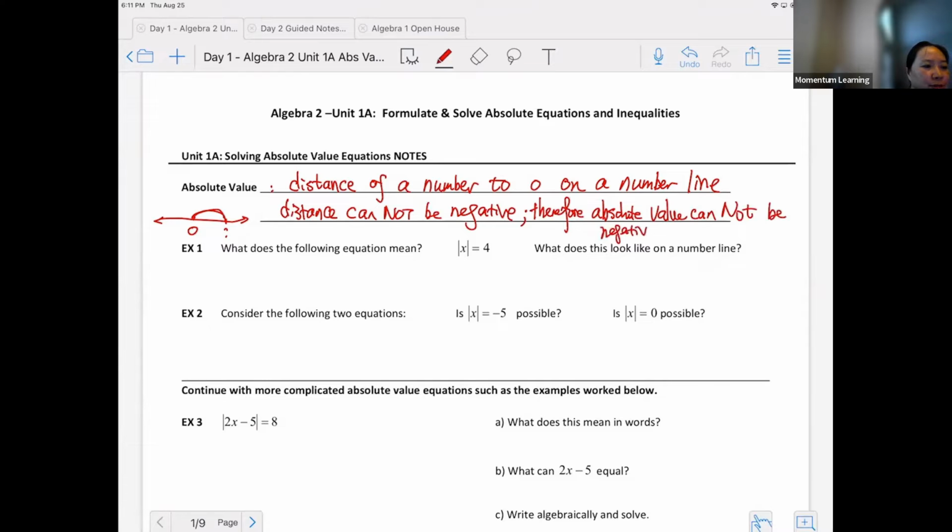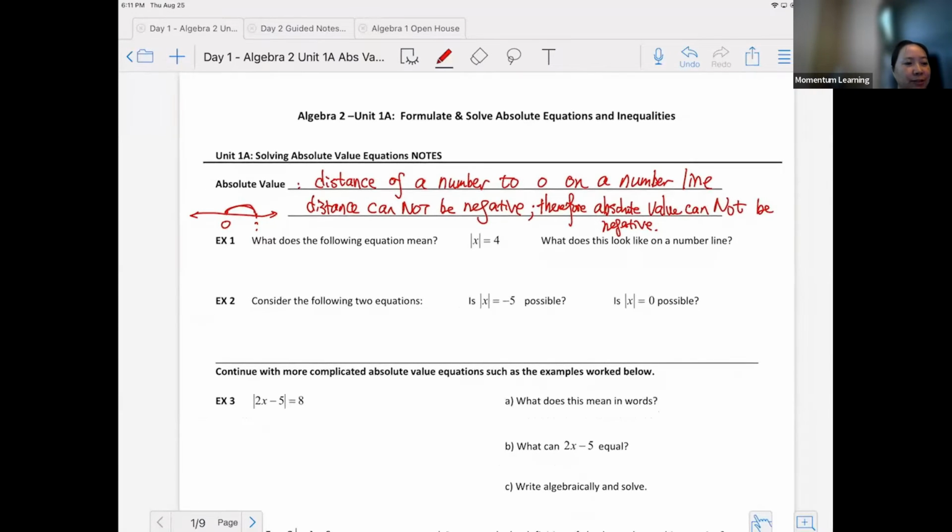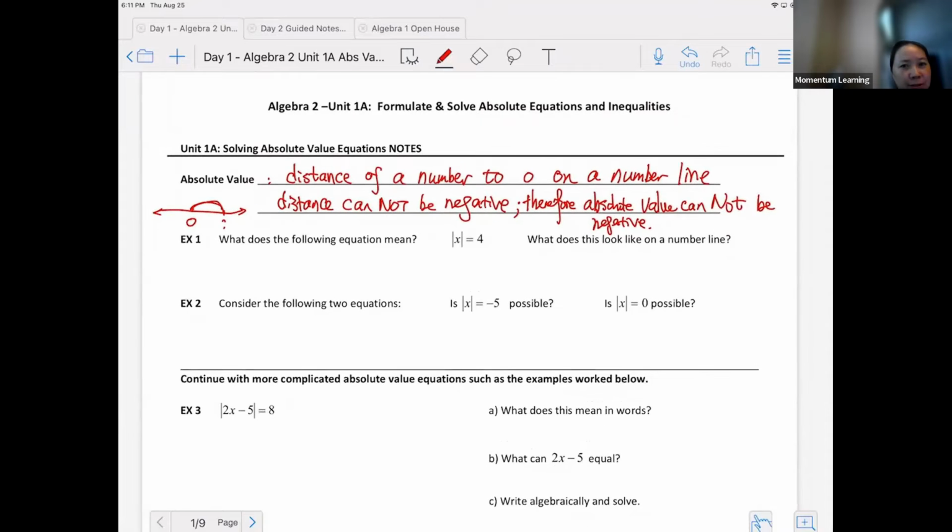You will think, oh, of course I know that, right? Absolute value cannot be negative, but you will see, sometimes when you start to solve absolute value equations, you actually tend to forget.